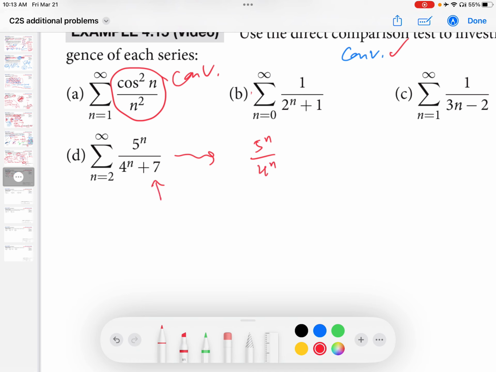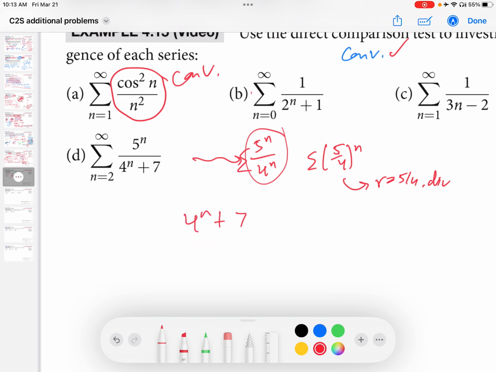But I want to introduce you to this other approach, which says, hey, one of the reasons why you might think to drop the 7 is that this is a much easier series to analyze. This is 5/4 to the n. That's geometric, r equals 5/4, and that diverges. Great. But you need an inequality sign. And comparing 4 to the n plus 7 to 4 to the n, well, this is larger.